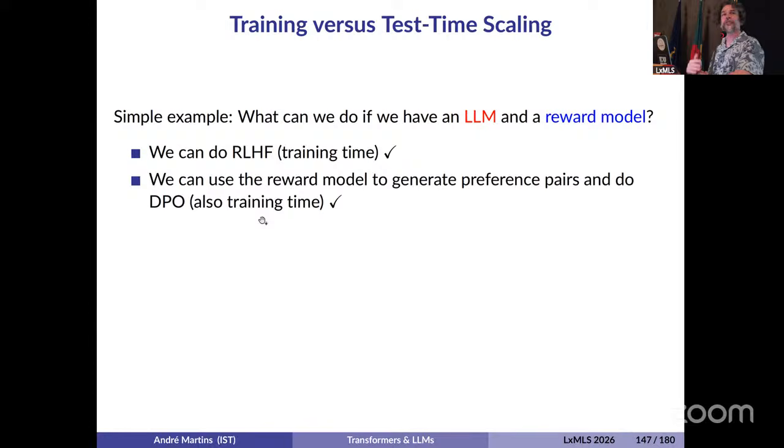In this case, we avoid doing the RL. You don't do reinforcement learning, but we also spend more resources at training time. But there is something else that we can do. Can someone point out a very simple thing that we can do if you have these two ingredients? Prompt optimization. You can also do prompt optimization, but I was expecting something that uses the reward model in a clever way.